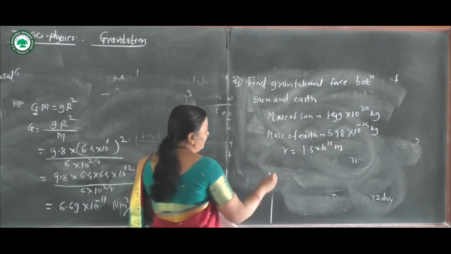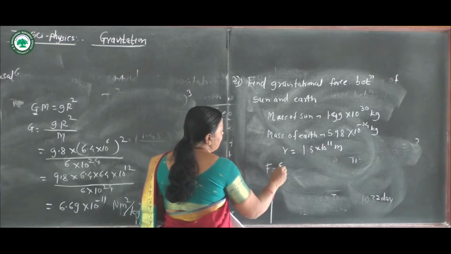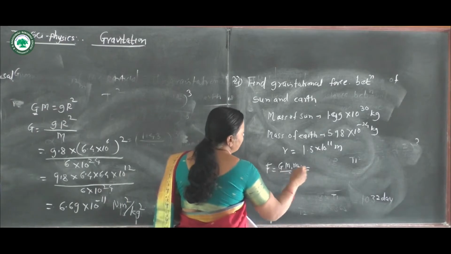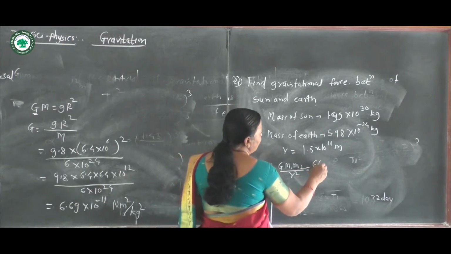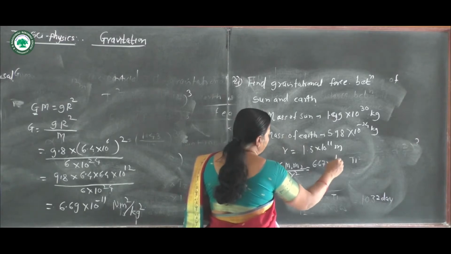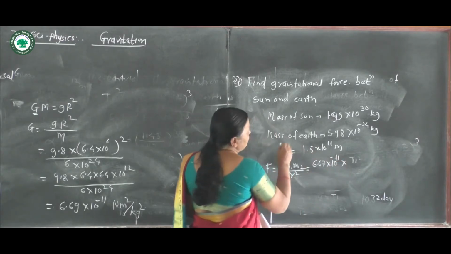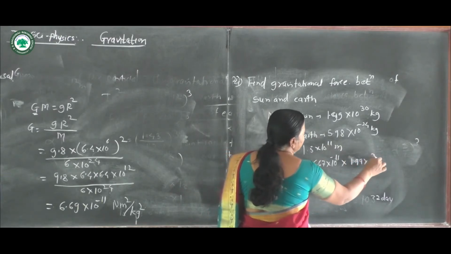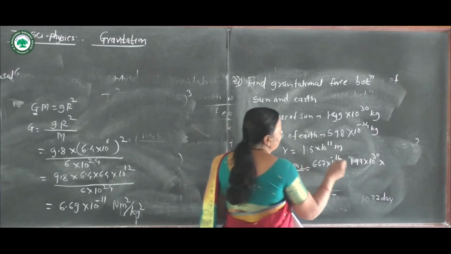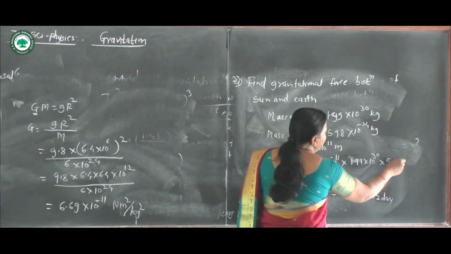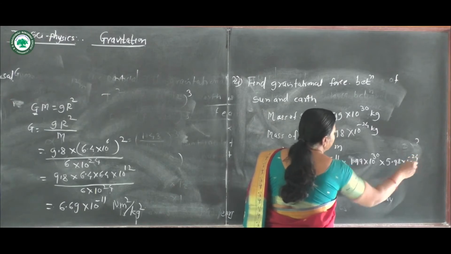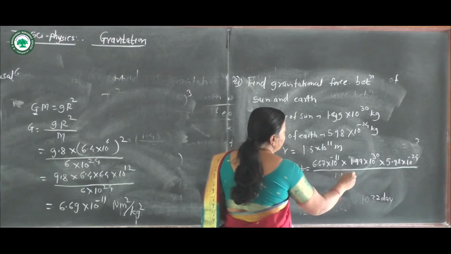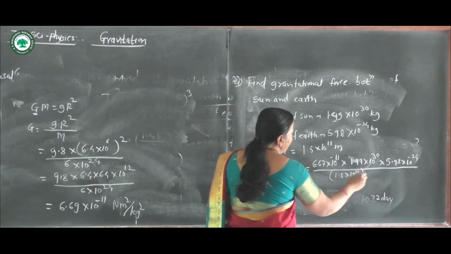We know the formula F is equal to G m1 m2 divided by r square. Then substitute the value of G, it is 6.67 into 10 raised to minus 11. Mass of Sun, it is 1.99 into 10 raised to 30, multiplied by mass of Earth, it is 5.98 into 10 raised to 24, divided by the distance 1.5 into 10 raised to 11 bracket square.